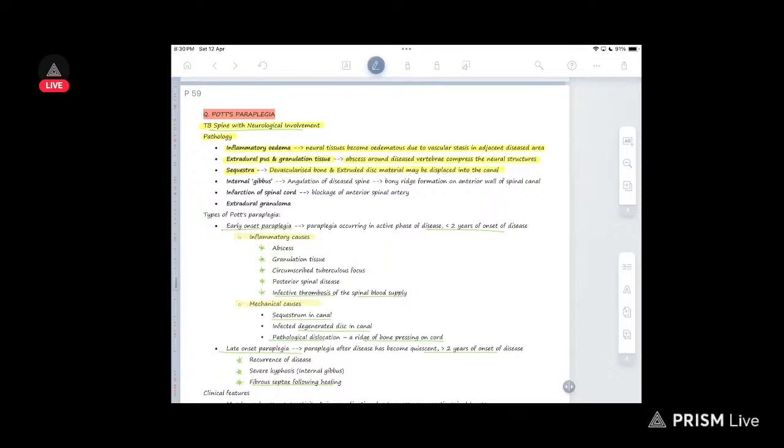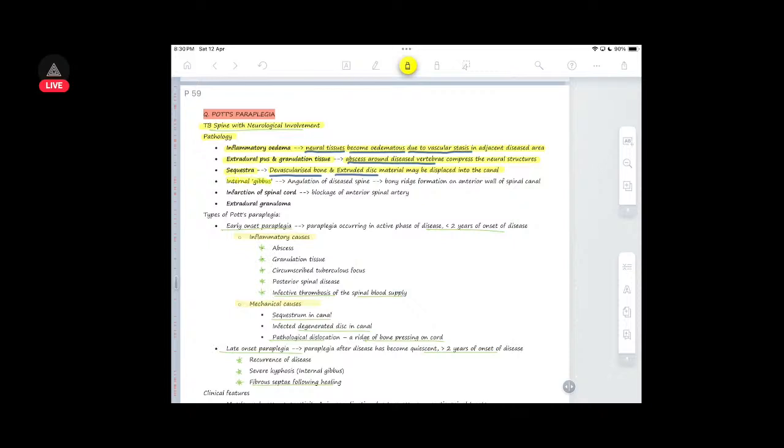Extradural pus and granulation tissue is abscess around the diseased vertebra. Inflammatory edema is when neural tissue becomes edematous due to vascular disease.